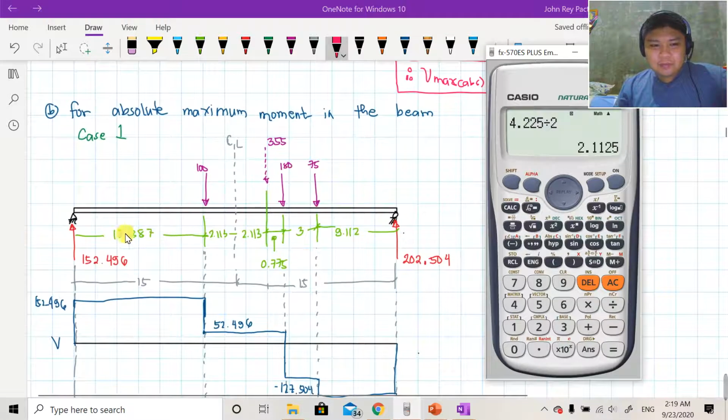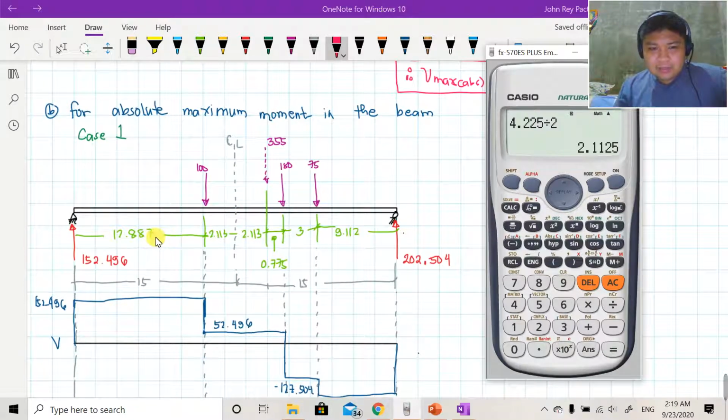So, paano ko nahanap yung 12.887? Baka yung iba magtaka. Since this is the center line of the beam class, palaging center line, it must be 15 minus 2.113. So, ang sagot natin is 12.887. Ganun din dito.